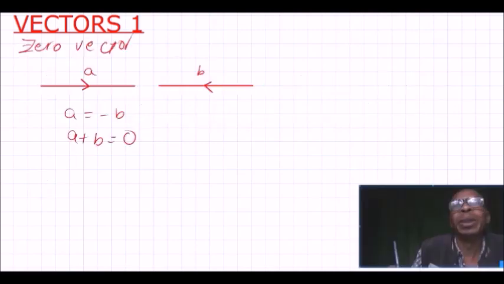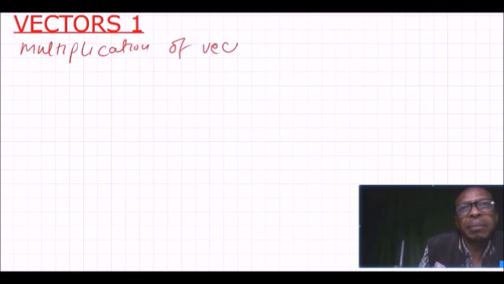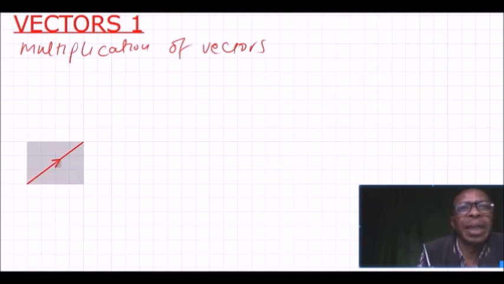We have multiplication of vectors. Now, let's create a vector here and call it vector A. Suppose we have another vector like this one.